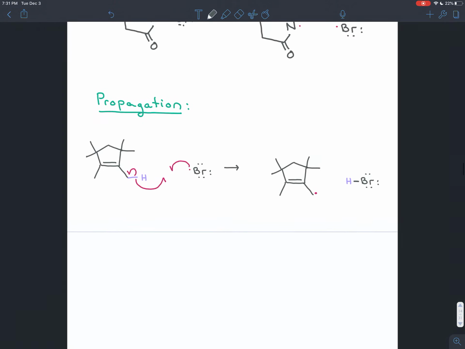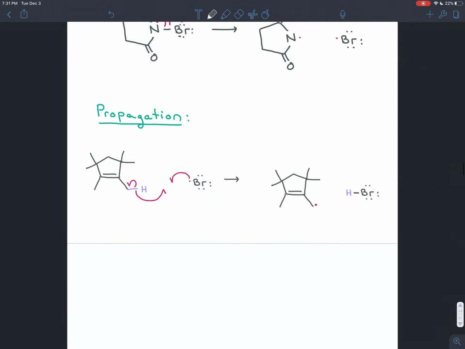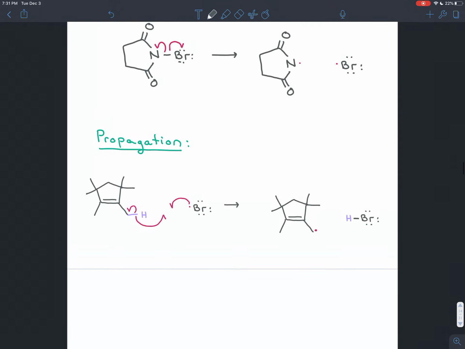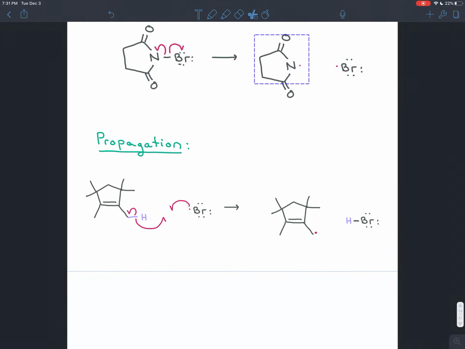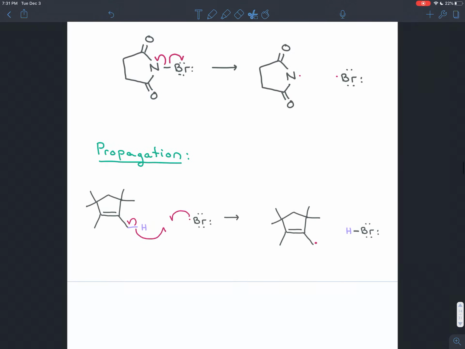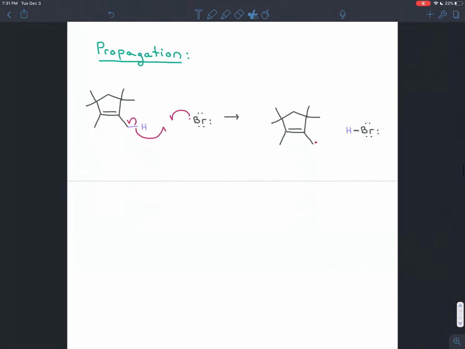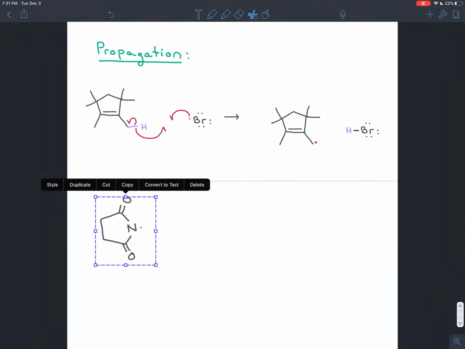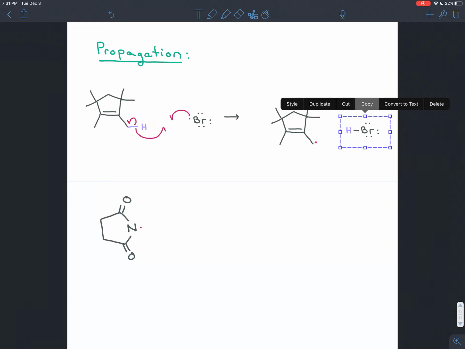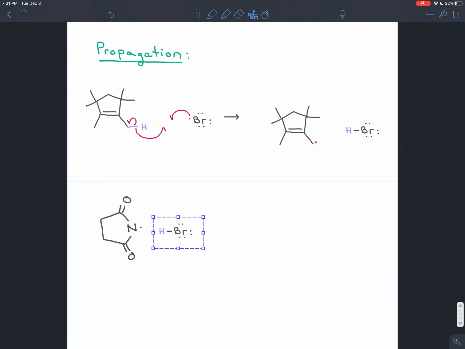Okay. Now, for the rest of this, I'm going to simplify it ever so slightly. It will still represent the essence of this reaction. We're going to take the succinimide radical and we're going to react it with the hydrogen bromide. So this is going to be a second propagation step.